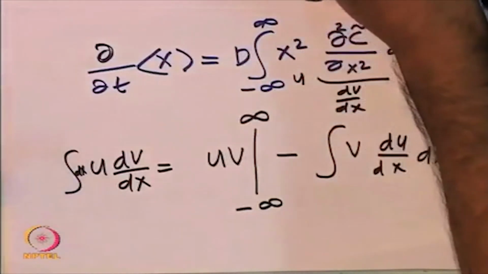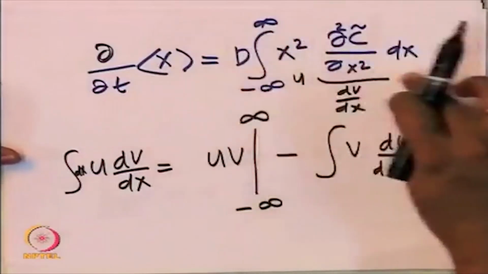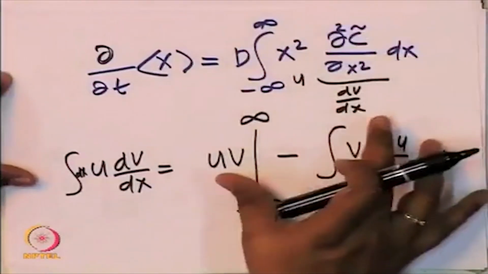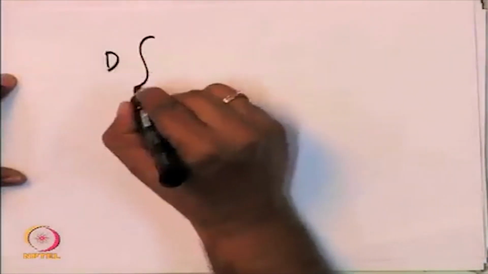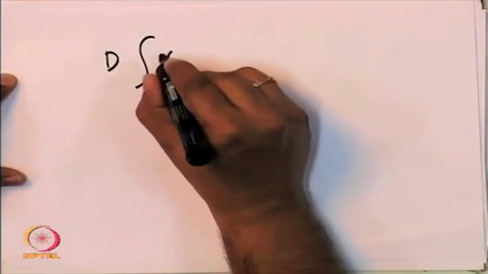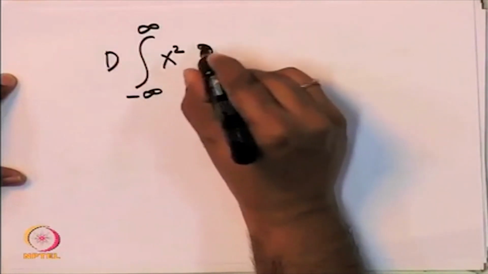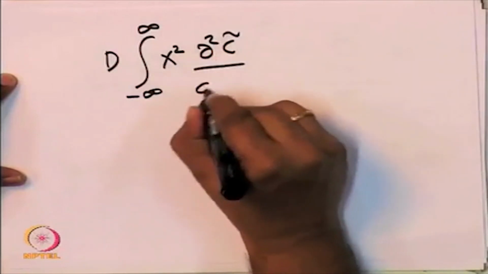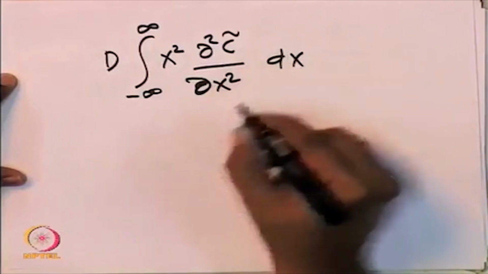So, if you look at this carefully, let us write down only the right hand side. What we have is d into integral x square del square c tilde by del x square dx.